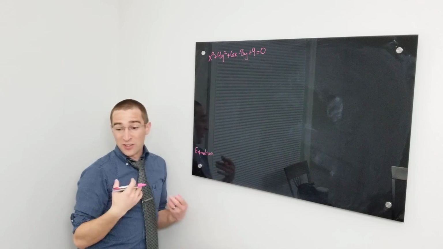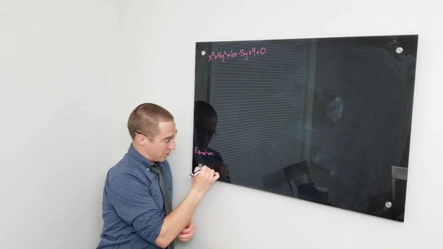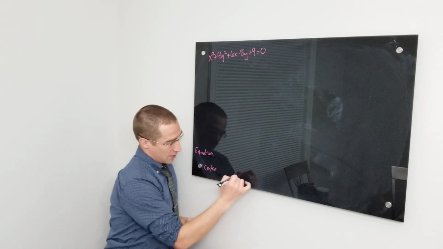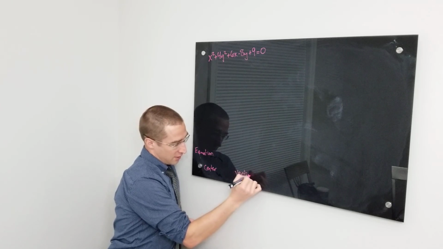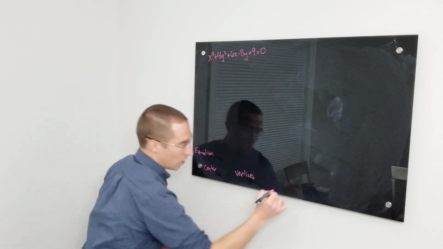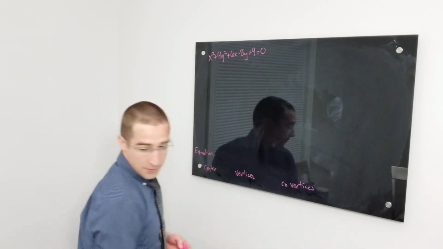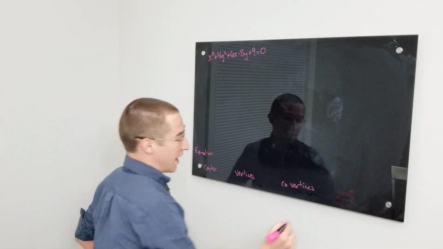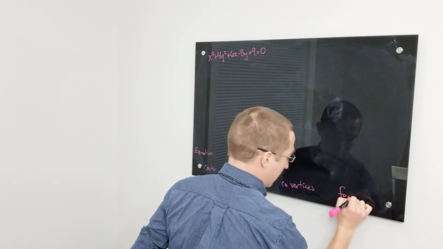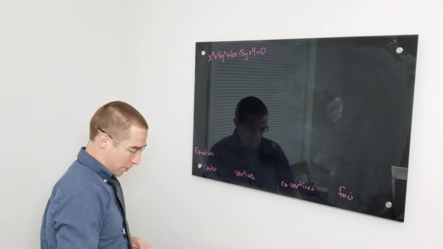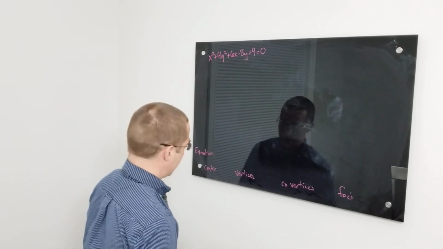And then we want all the other information, right? Like the center, the vertices, the co-vertices. We want the foci. Where are those foci?